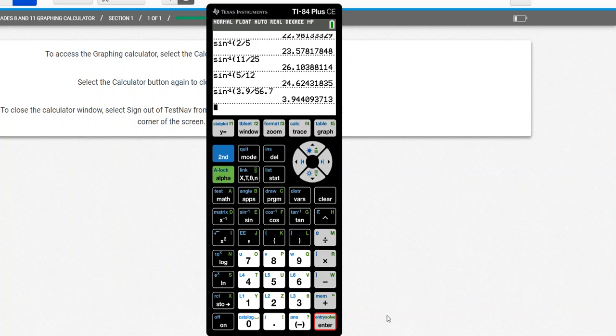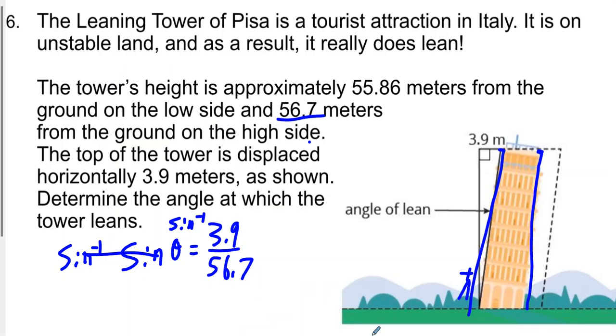Now, for this problem, I'm probably going to keep it at 3.944 degrees. And then if we measure this again in a few years, and it was then 3.954 degrees, well, I can see that there's a difference. If I just rounded to 4 degrees, and then this would be rounded to 4 degrees, I wouldn't know if the tower is tipping more or not.